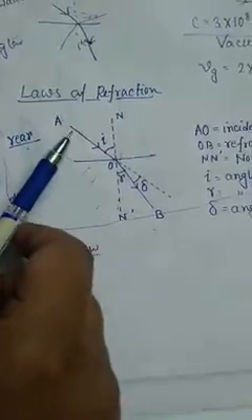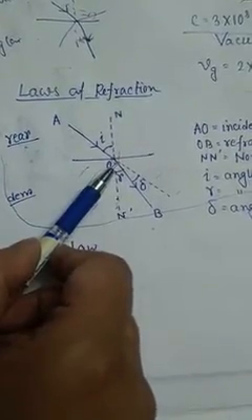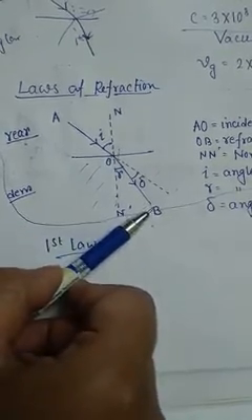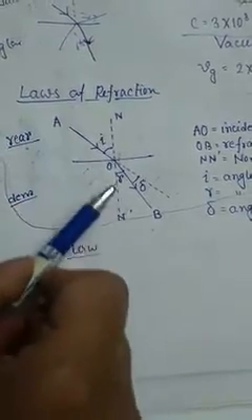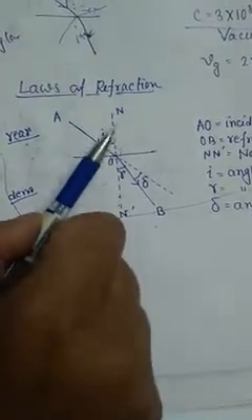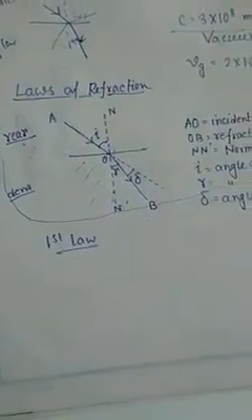So again I am telling, the incident ray, the refracted ray, and the normal on the point of incident lies on the same plane. Is it okay? This is first law.